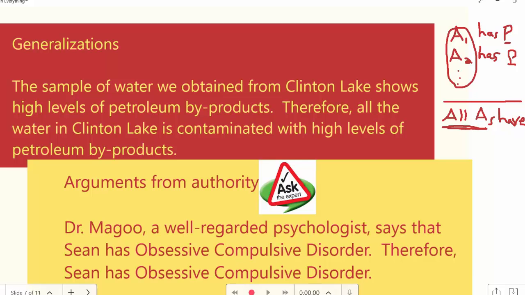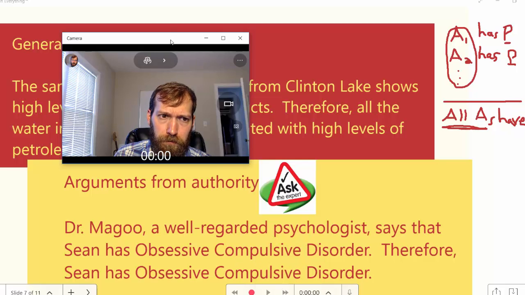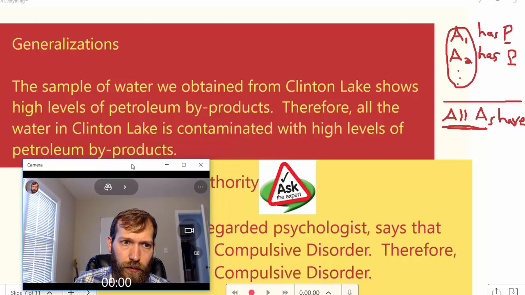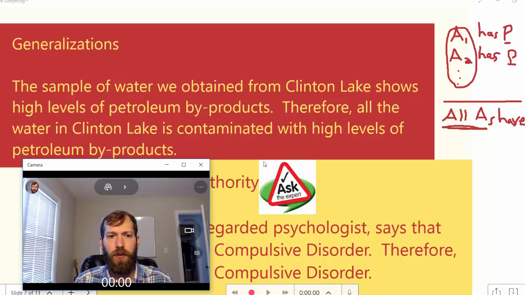And the example that I have here, so you can imagine a situation in which you have little glass vials, and you go to this lake and you collect these samples of water, and you test them to see whether there's petroleum byproducts. So the sample of water we obtained from Clinton Lake shows high levels of petroleum byproducts. Therefore, all the water in Clinton Lake is contaminated with high levels of petroleum byproducts.